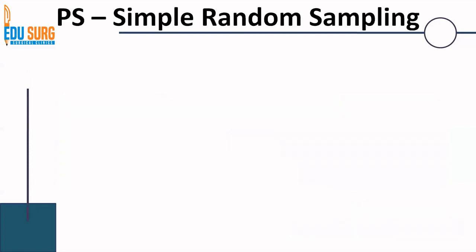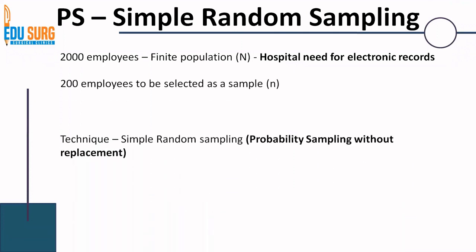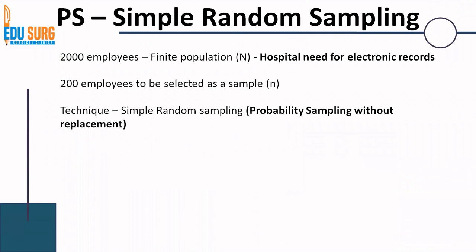Okay. So now going into probability sampling methods, the first is simple random sampling. Each word is important. It's simple. It is random because it's probability sampling. The problem is now the same, 2000 employees, and we have to select 200. Now this sample we are going to select by the technique known as simple random sampling without replacement.